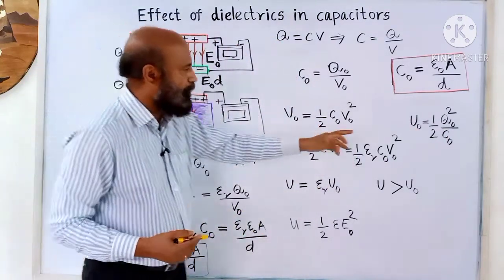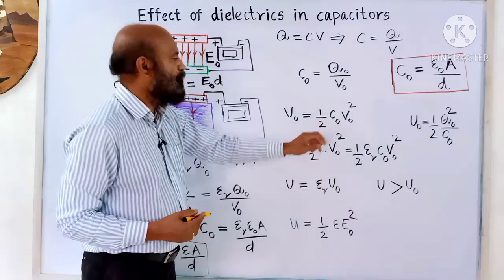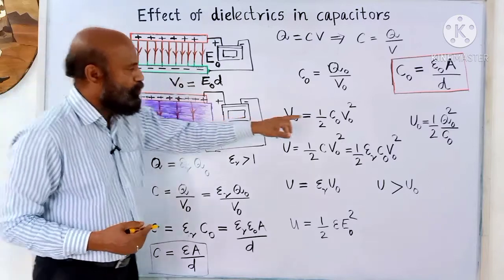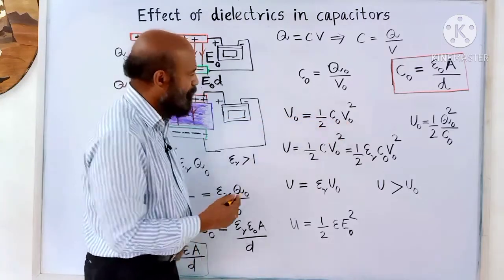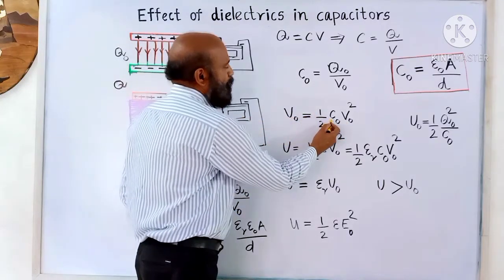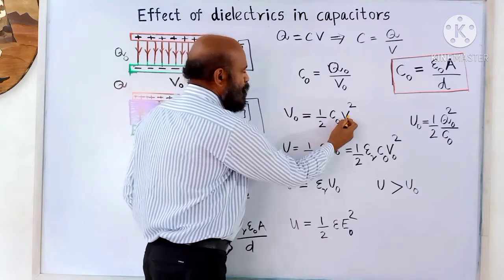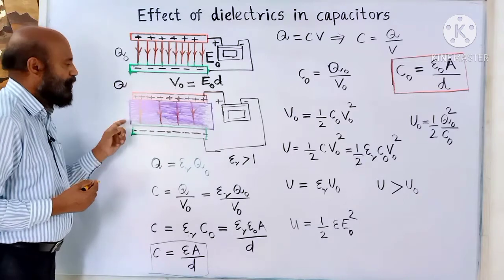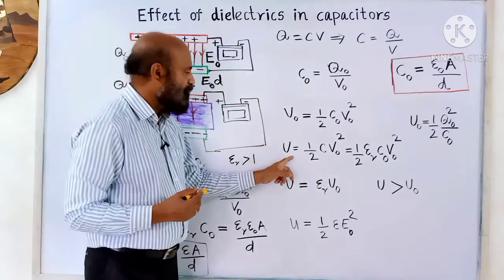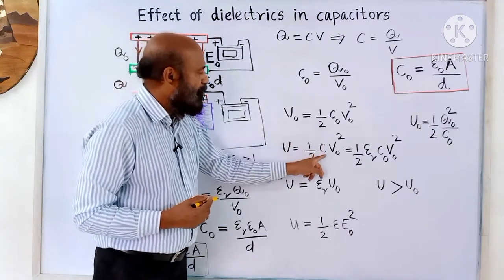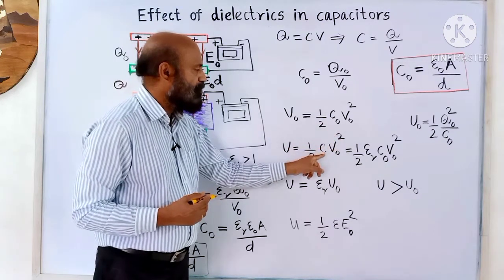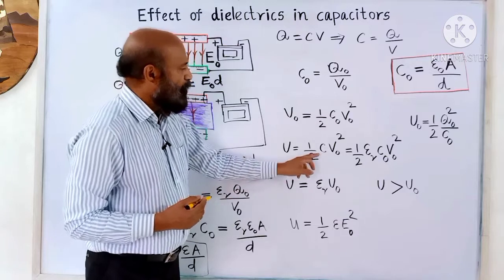If you use this expression, only capacitance is changing, V0 voltage, potential difference, is not changing. So U0 is half C0 V0 square. After introducing the dielectric, energy is half C V0 square. Instead of C0, we have to write C, the new capacitance.